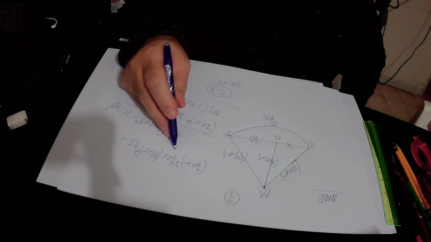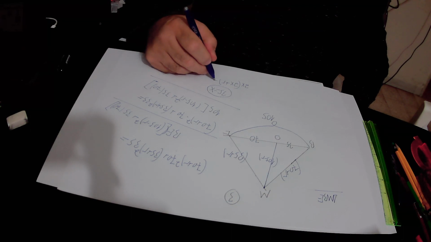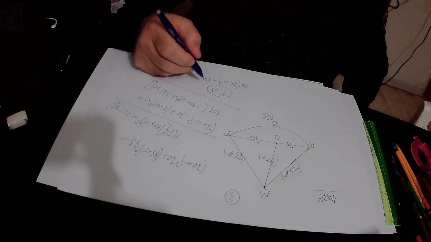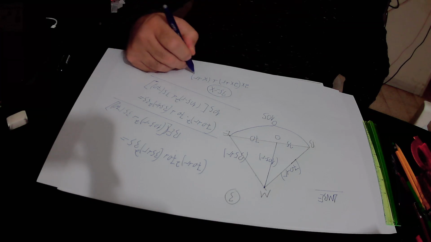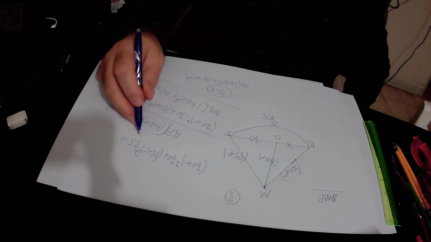70 is 2x. Plus 35 is x, so we substitute 35 by x, plus r squared times 35. 35 is x, so we substitute 35 by x.